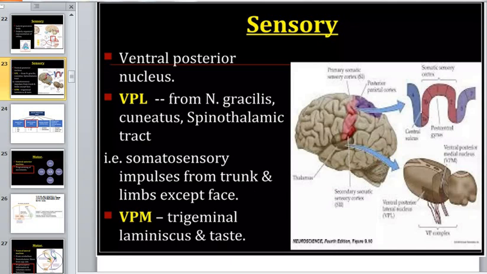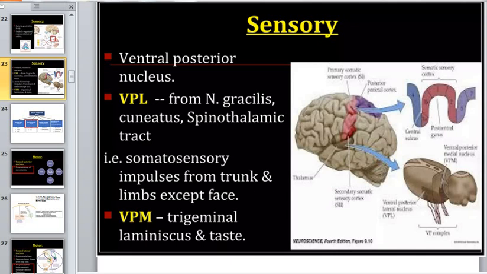And within the nucleus, fibers from the different parts of the body terminate in different sequences. The fibers from the lowest part of the body end in the most lateral part of the nucleus.